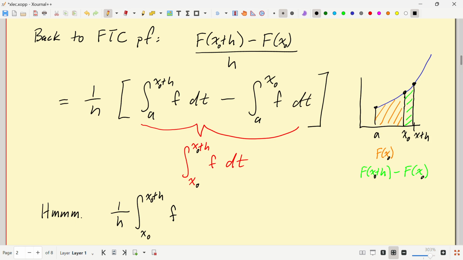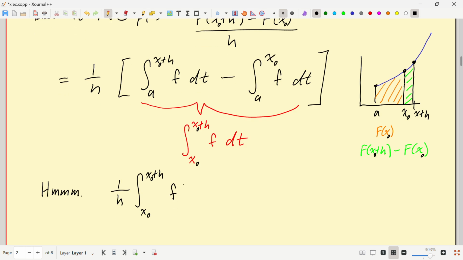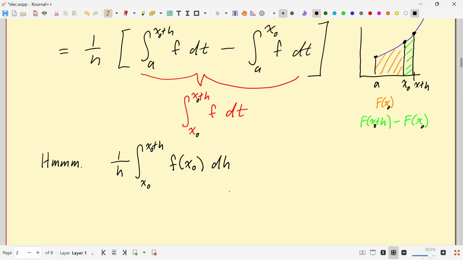So x naught is a fixed thing. I'm going to stick a constant, f of x naught, in here, dt. Okay, and so this f of x naught is a constant.